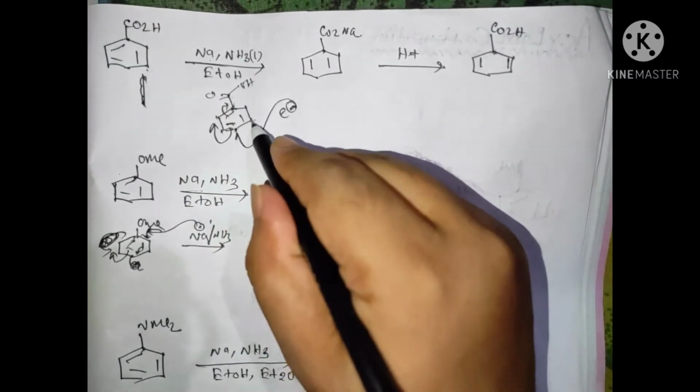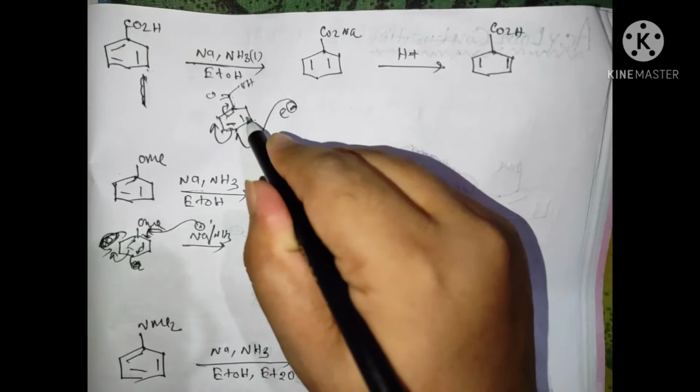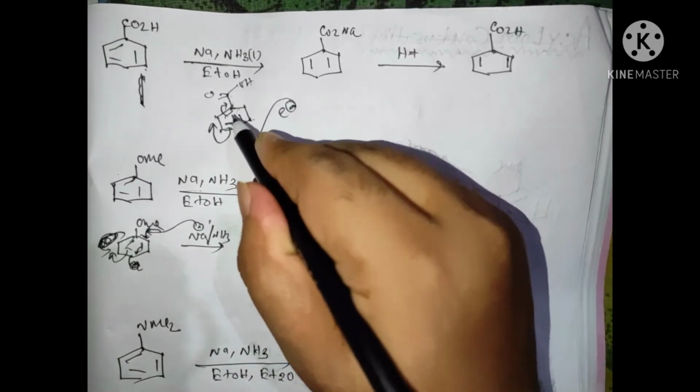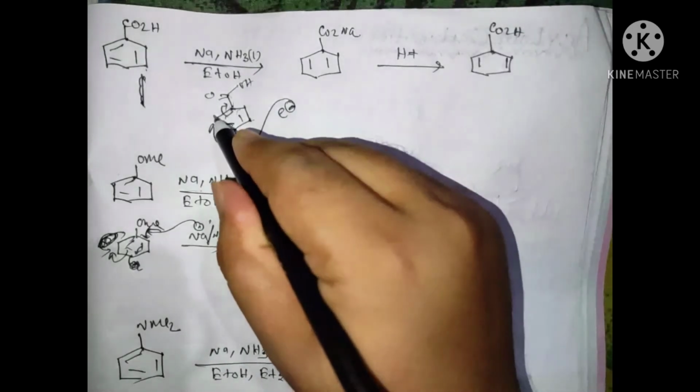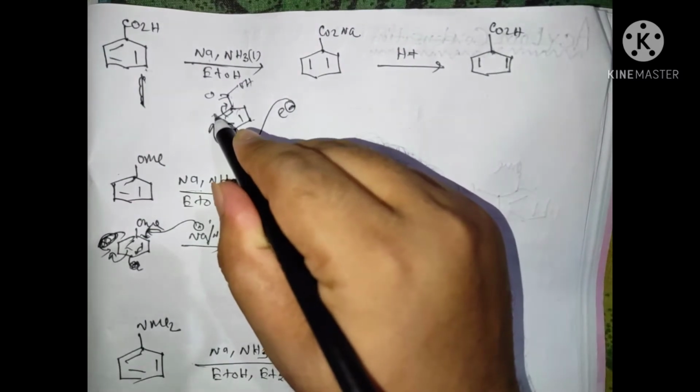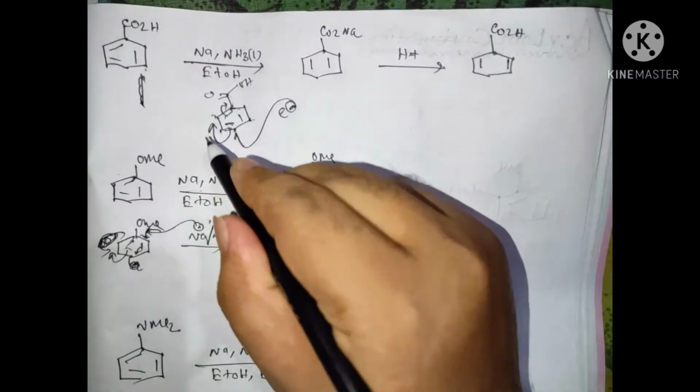But if we attack this carbon, we move this arrow to this and we get the anion here, and that is comparatively less stable.